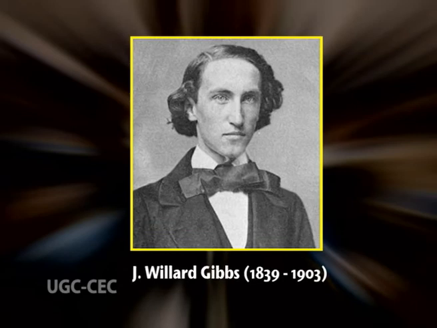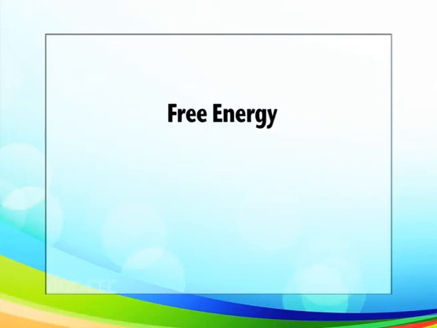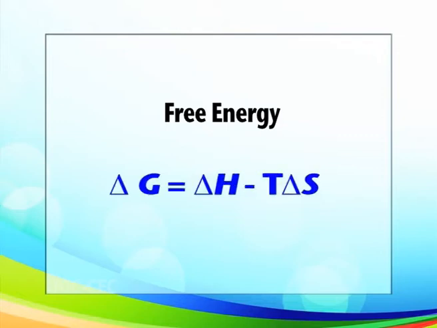J. Willard Gibbs, who developed the theory of energy change during chemical reactions, showed that the free energy content, that is G, of any closed system can be defined in terms of three quantities, which are the enthalpy, that is H, reflecting the number and kinds of bonds, second entropy, that is S, and the absolute temperature T in degrees Kelvin. Free energy is expressed by the equation delta G equals delta H minus T delta S.